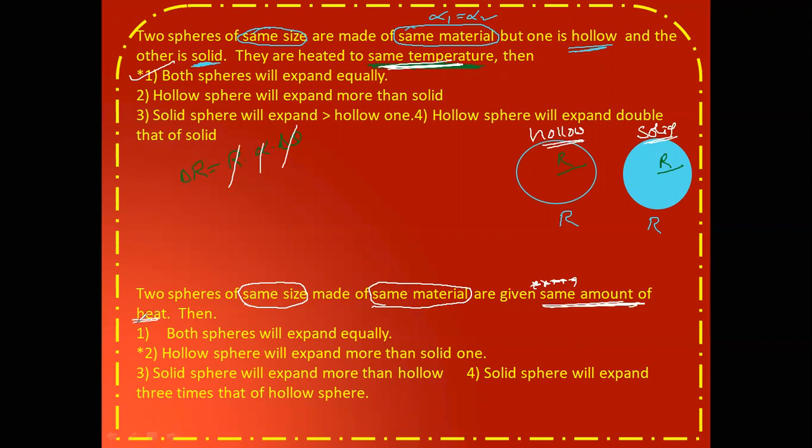One is the hollow body, the other one is the solid body. If I supply the same amount of heat, the rise in temperature of the hollow sphere will be more than that of the solid sphere. So the hollow sphere will expand more than the solid.